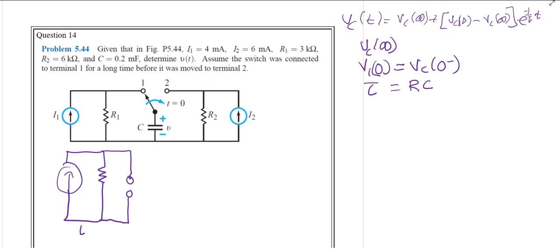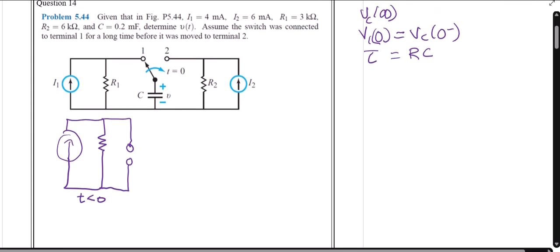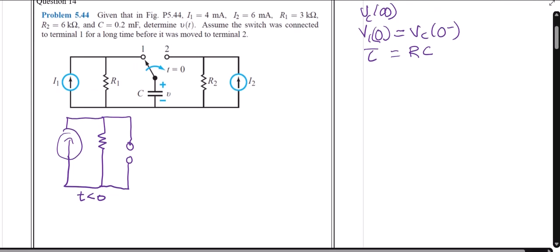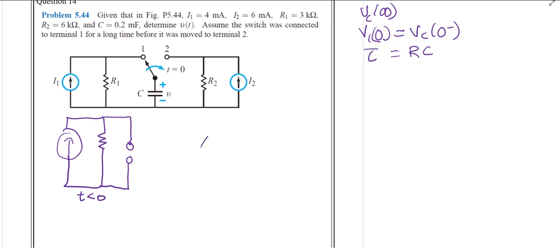So this is time t less than 0. Okay, I'm just drawing it for right now. We'll come back and get information in a minute. I'm just going to go ahead and draw them all. Okay, now when we throw the switch, it looks like this.